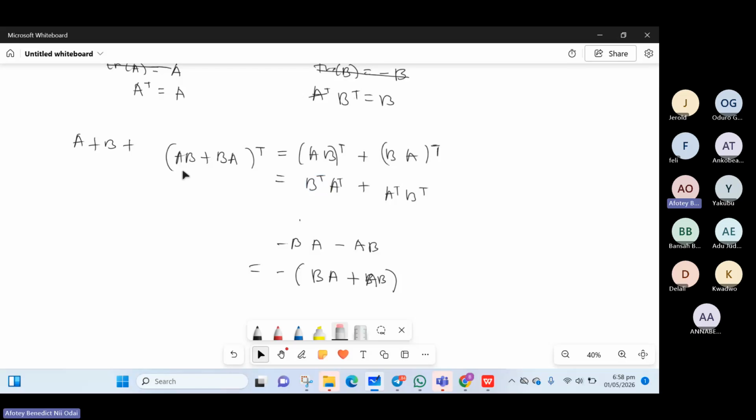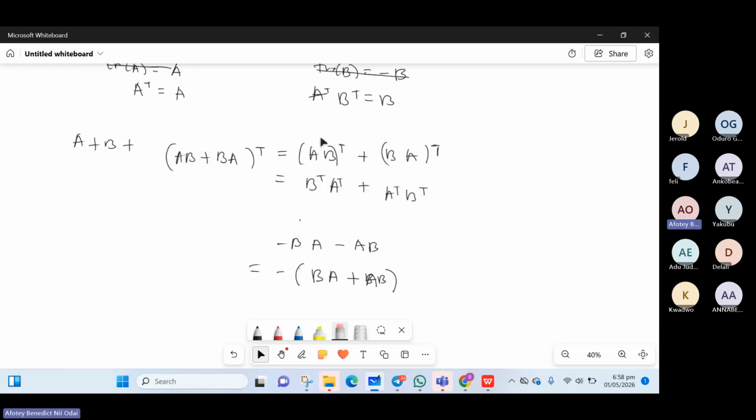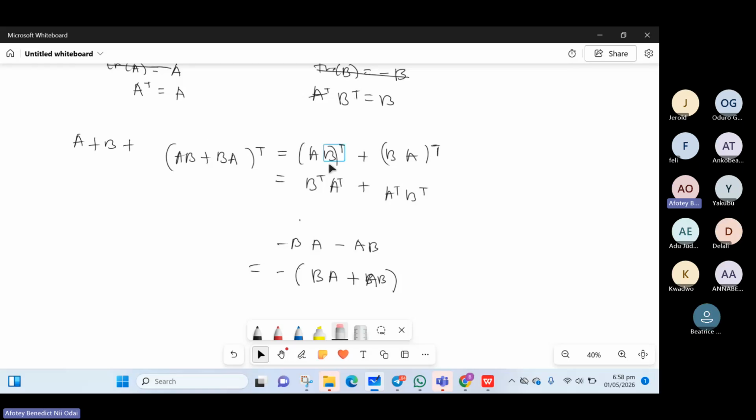When two matrices are added and you take the transpose, nothing changes. But once you have a product of two matrices, then you have to make the swap. So let's move on with our next question.